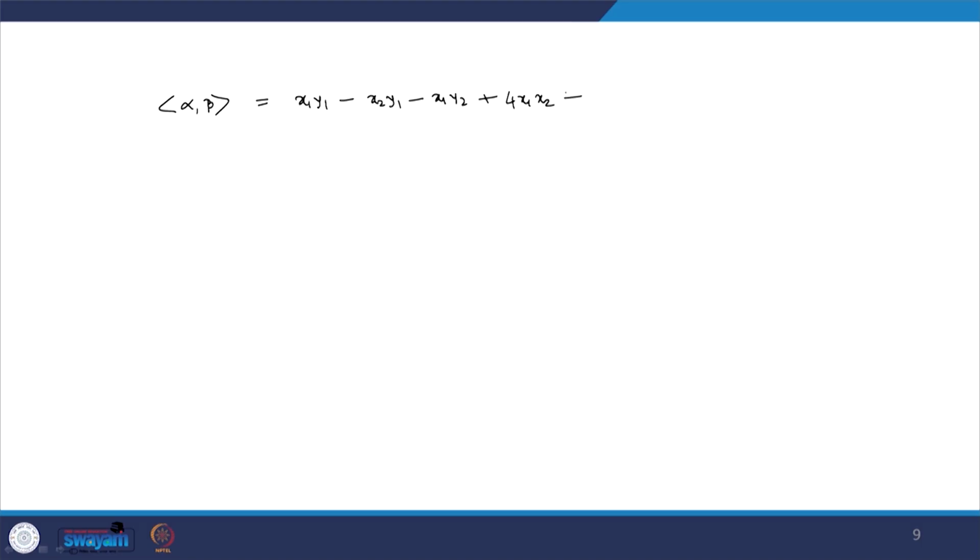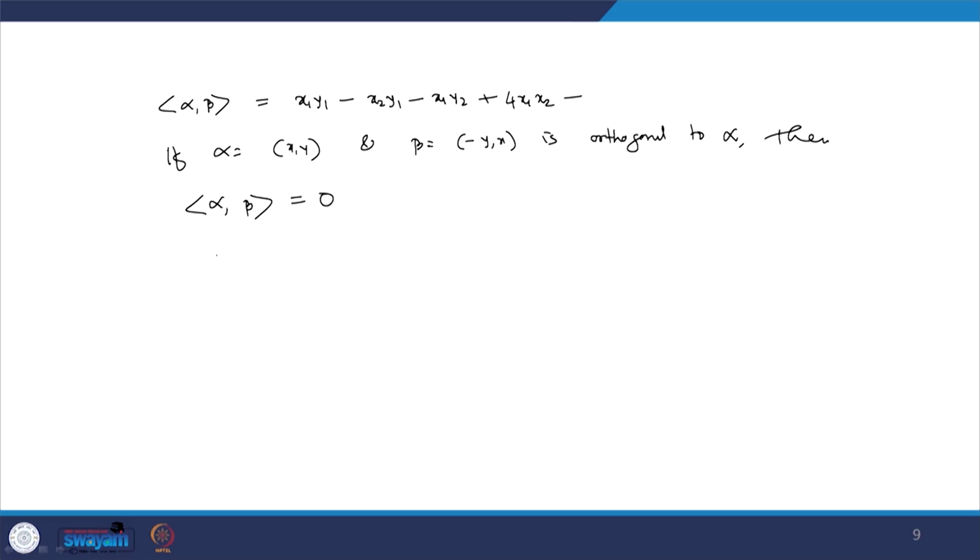Already we have seen this introduces an inner product over R2. Now, if alpha is equal to x y and beta is equal to minus y x is orthogonal to alpha, then we will definitely have inner product of alpha and beta equal to 0.